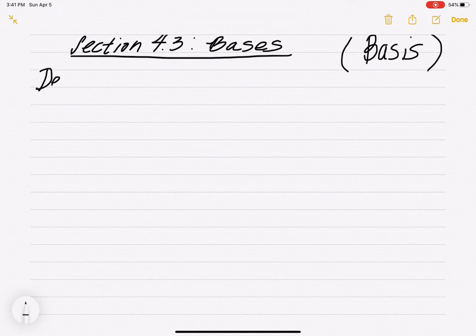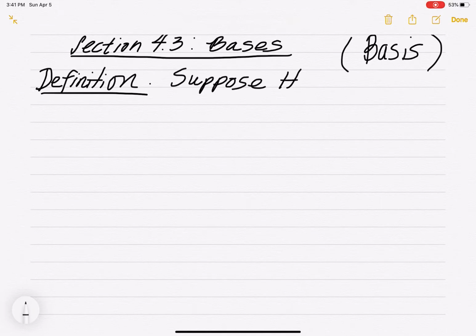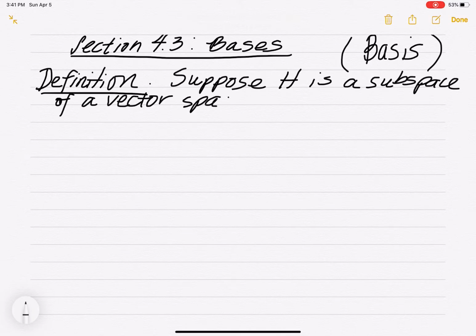What is a basis of a subspace of a vector space? So, definition. Let's suppose you have a subspace of a vector space. Call it H. Suppose H is a subspace of a vector space, call it V. Remember what a subspace is.